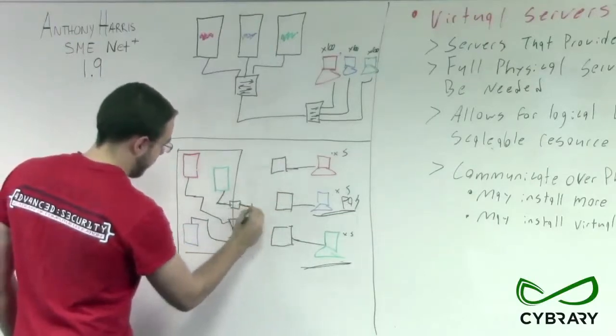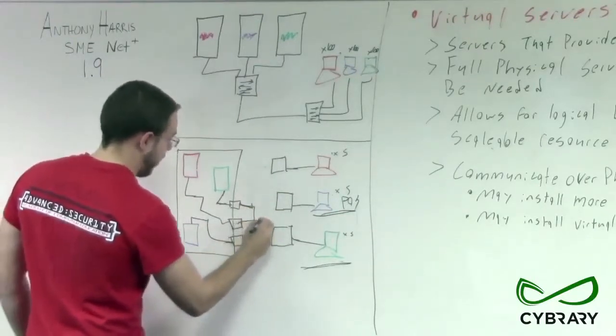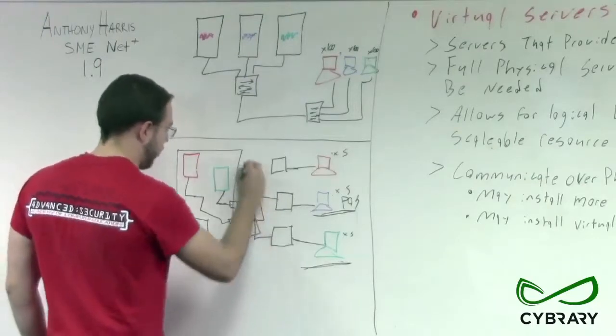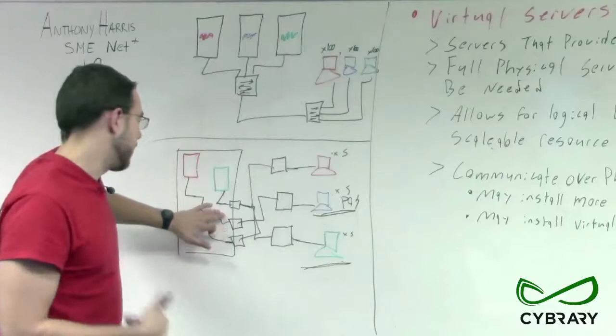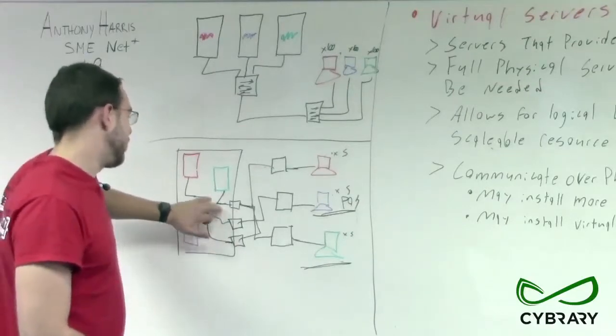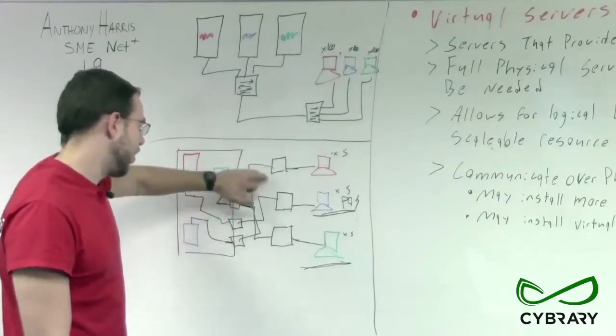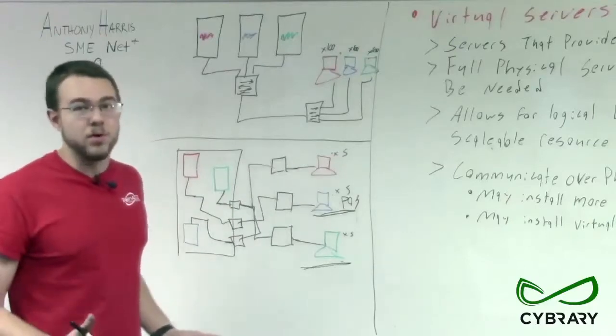And then we have our VLANs going accordingly. And now we really don't even have them set up so much as VLANs anymore, as we do just a physical network interface card assigned to the correct components.